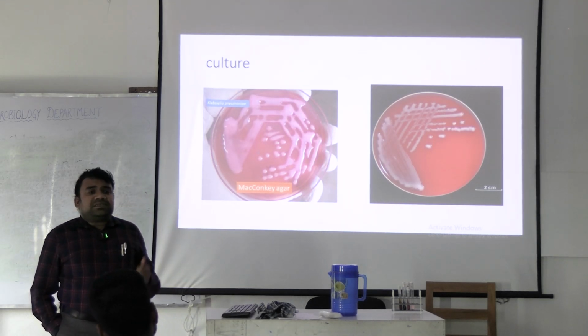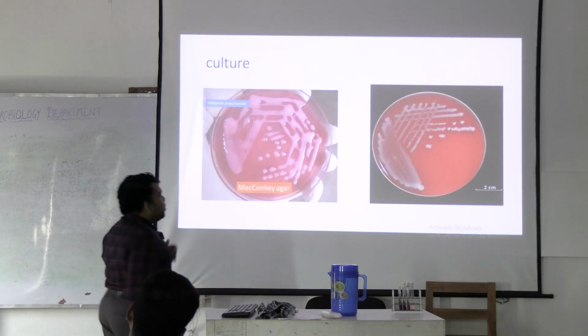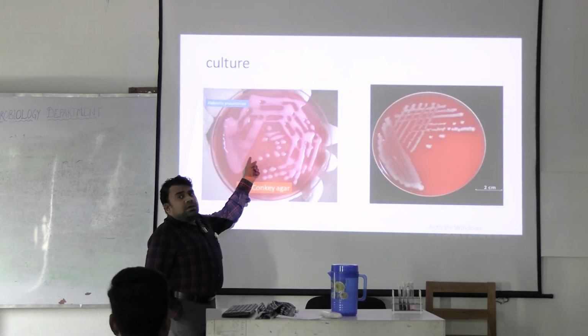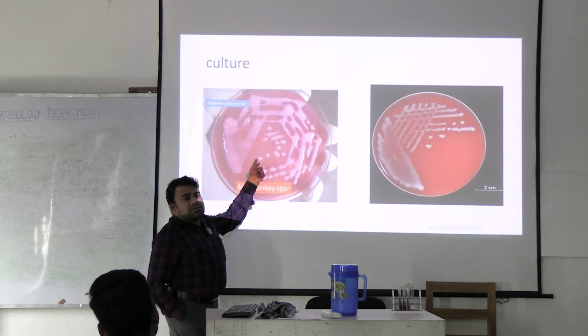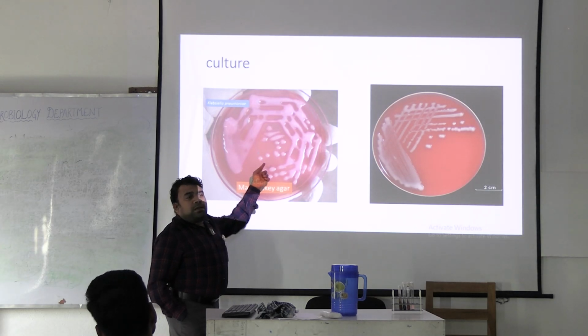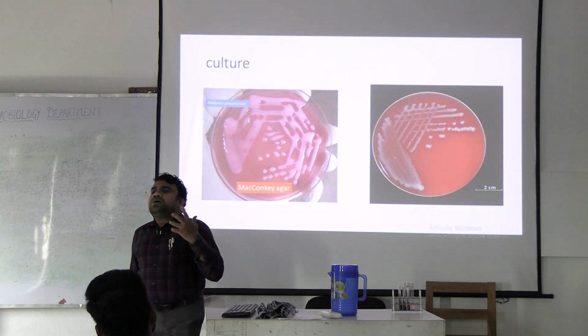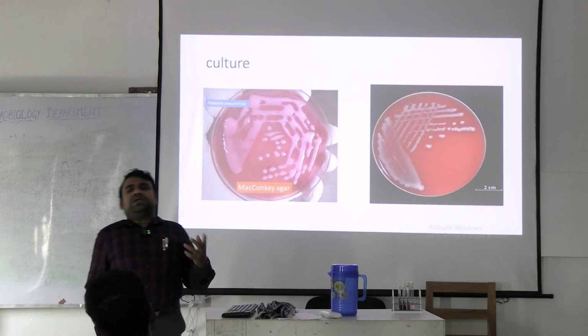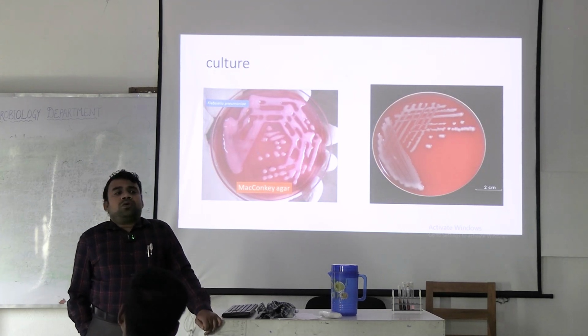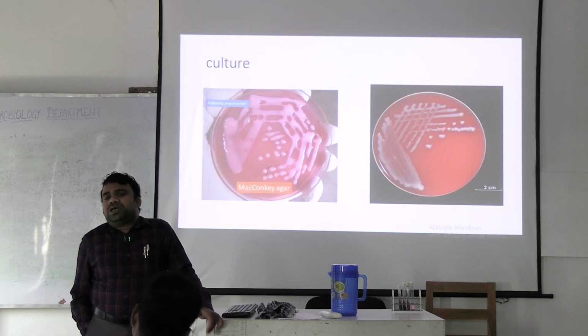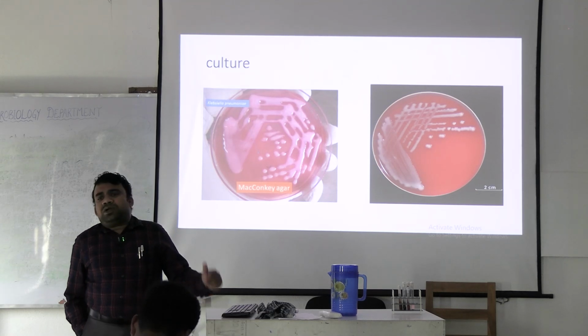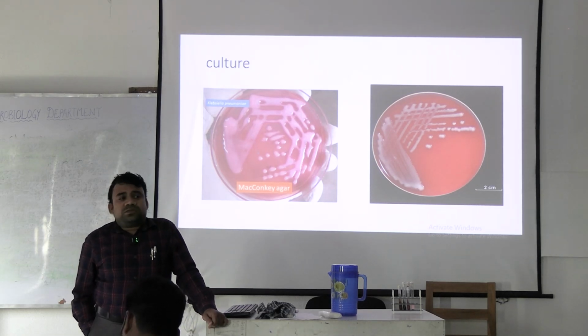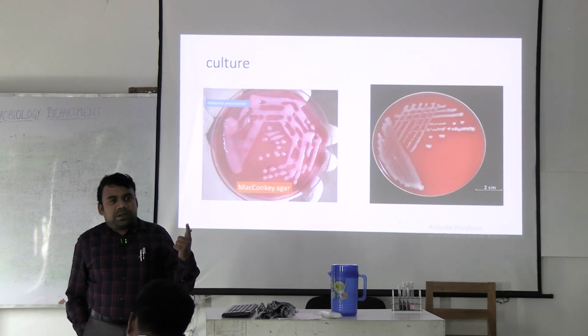After size, next will be shape. Over here, what is the shape of the colony? These are circular colonies, round. Some organisms will have stellate shape or no specific shape altogether. But over here, we are getting a proper shape. First would be size, then shape.